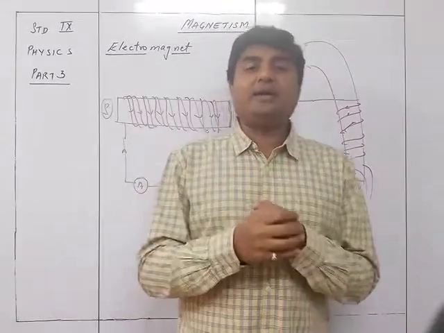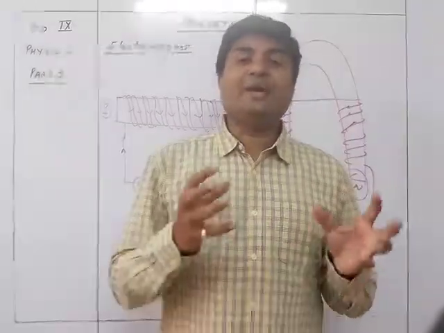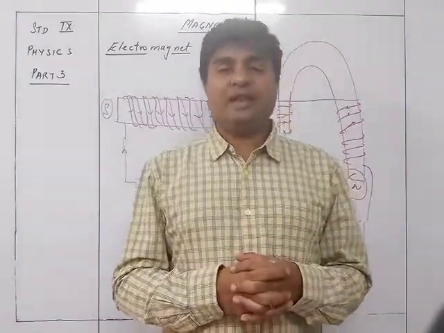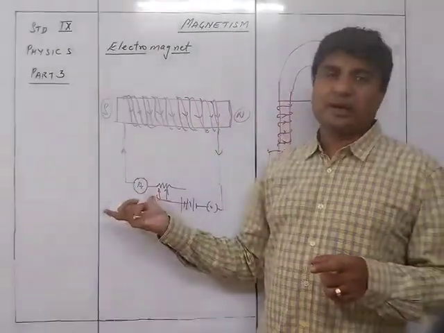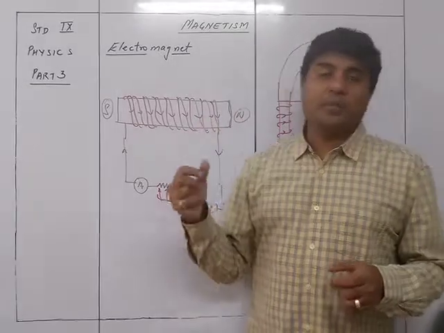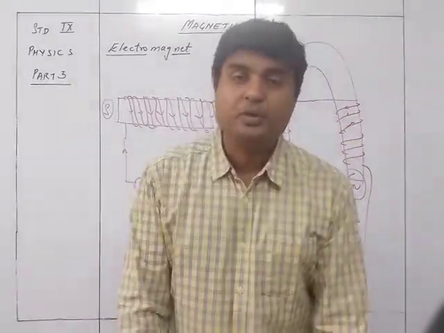So retentivity of magnetism is very low in soft iron, whereas it is very high in steel. And that's why, once you wind it with copper wire and pass the current, this particular rod will become a permanent magnet. So that's why it can be used as a permanent magnet.